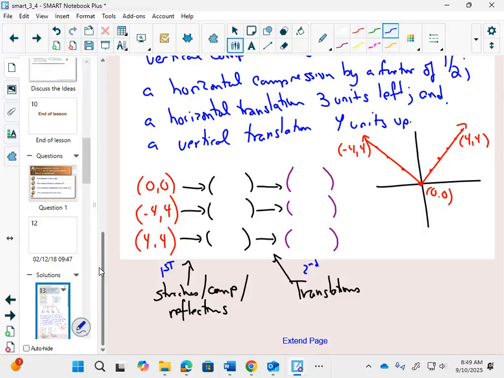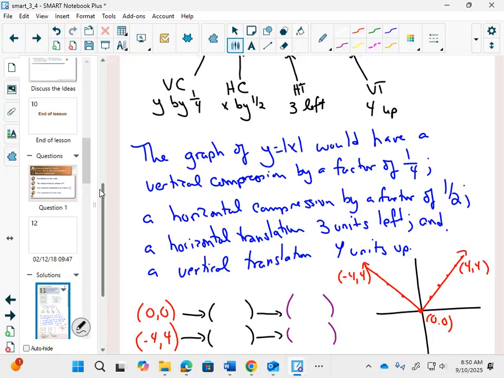Okay, so what does this mean for us? Well, what I would do is above the first set of arrows, I'd go through my compressions, and I would write, I need to multiply my x by a half and my y by a quarter. I like to write my x on top because my x is my first coordinate. You don't have to, but you have to make sure you do the right thing to the right number.